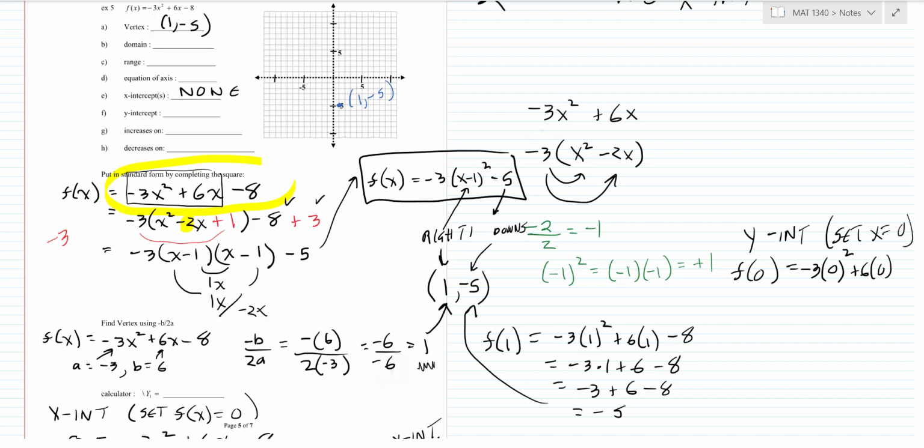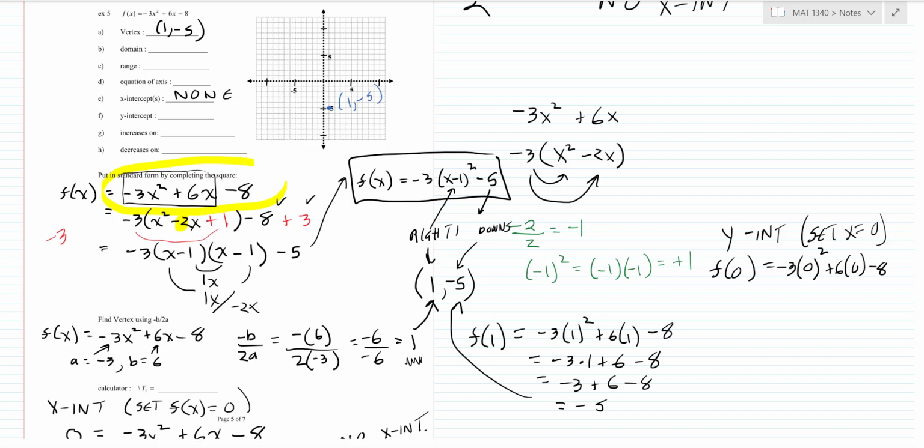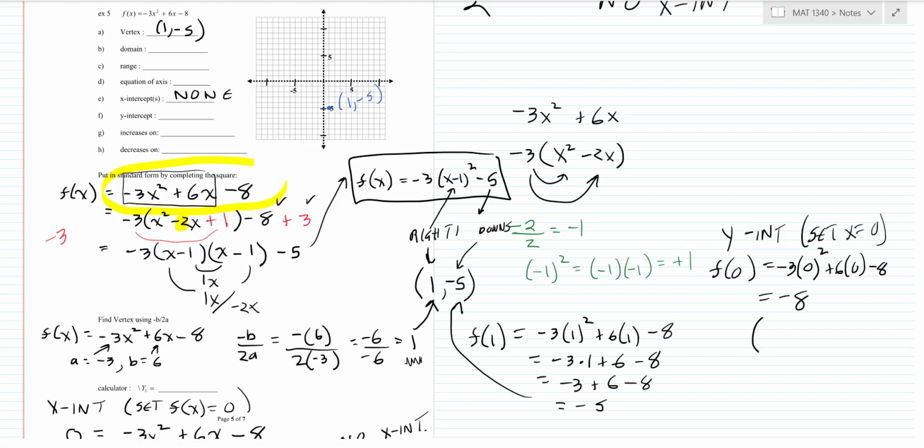With a little practice, you'll be able to tell what the y-intercept is in your head. So what do you get just in your head? Negative 8, right. That goes to 0, that goes to 0. You're left with negative 8. So that means your y-intercept is (0, -8). A y-intercept is always 0 for x and then whatever y is.